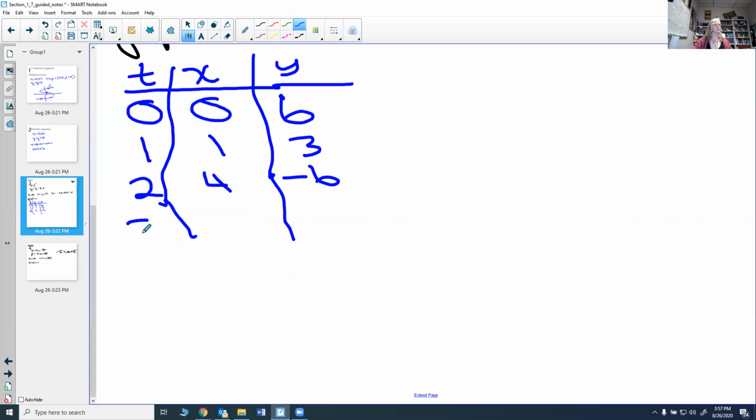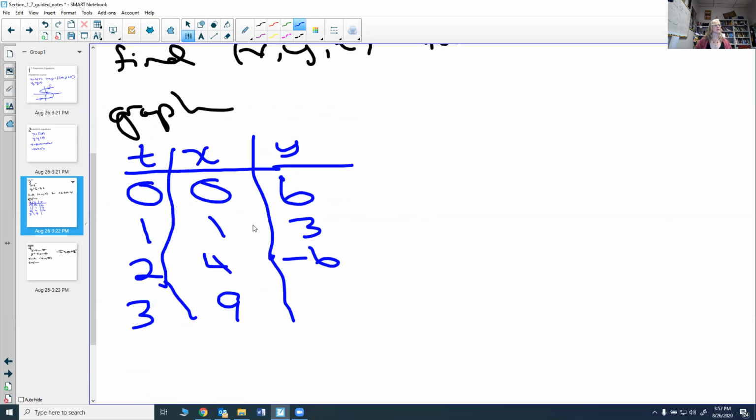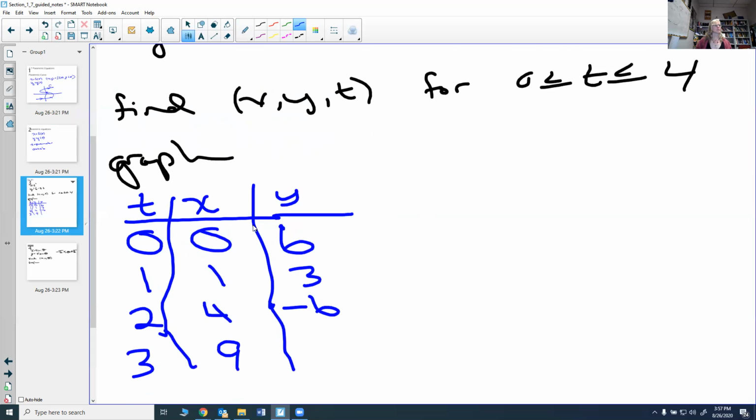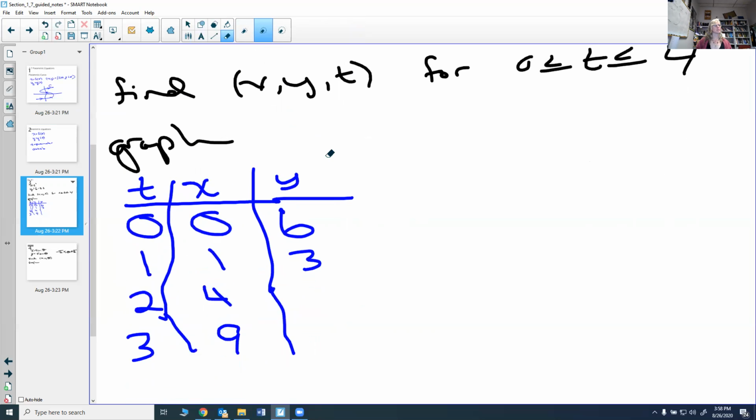Let's just go to 3. 3 squared is 9. And then we had 6 minus 3 times t. Oh, wait, I have the wrong answer, sorry. So we put 2 in. So we have 6 minus 3 times 2. 3 times 2 is 6, so 6 minus 6 is 0.